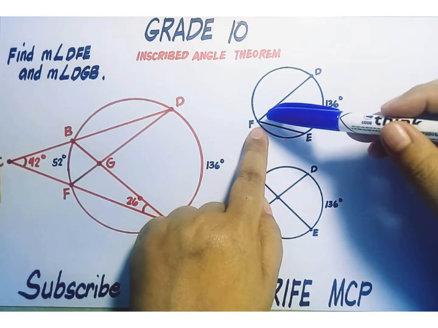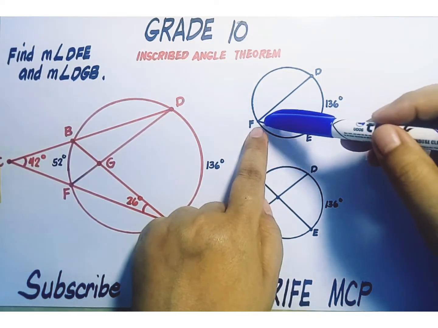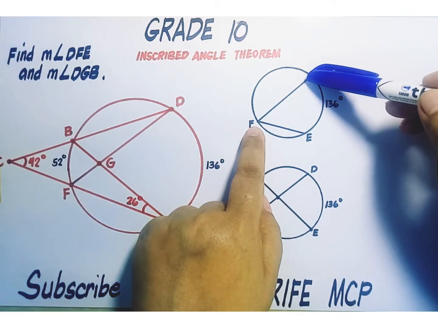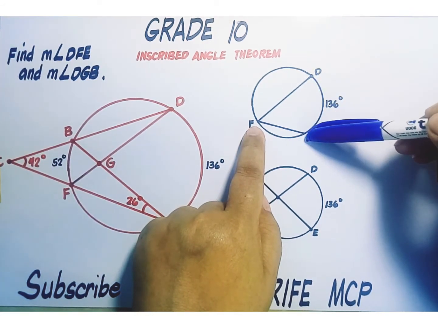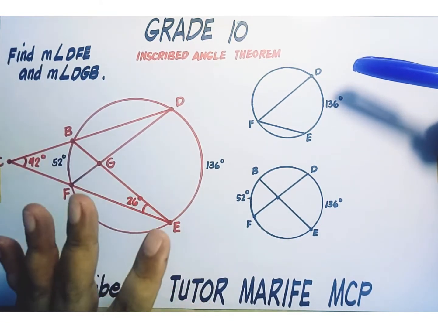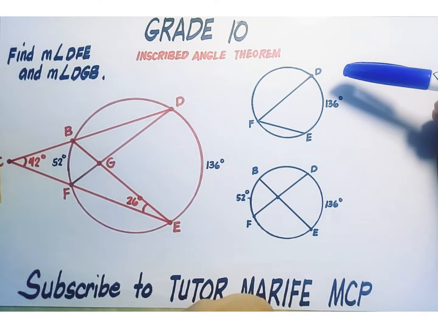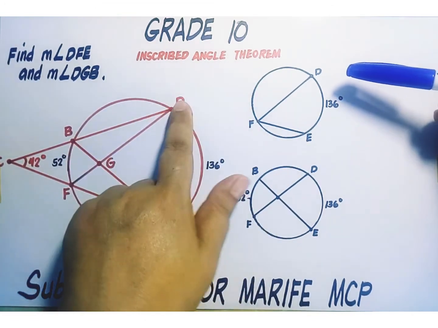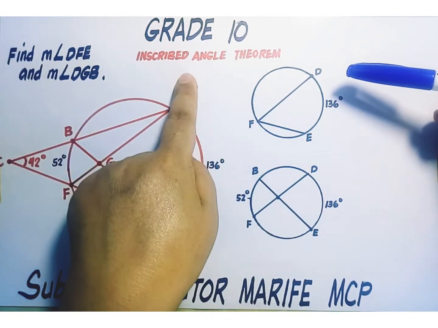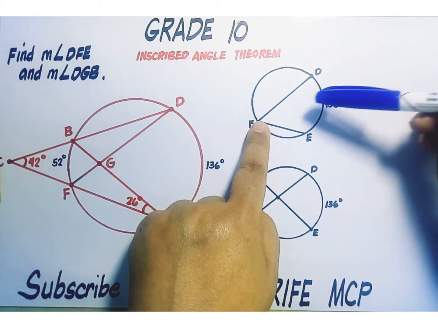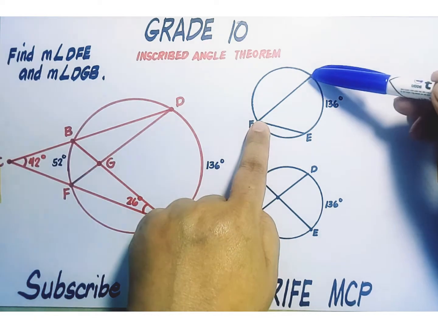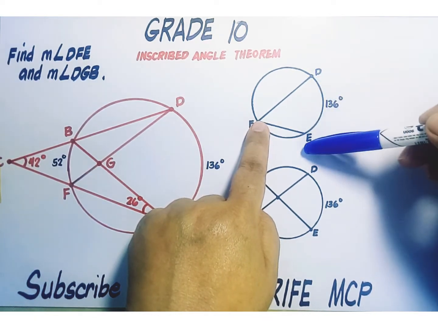As you can see, angle DFE is an inscribed angle. Its intercepted arc is arc DE. Like in part 1 of our solution, we can use the inscribed angle theorem. Again, the inscribed angle theorem tells us that the measure of an inscribed angle is equal to 1/2 of the measure of its intercepted arc.